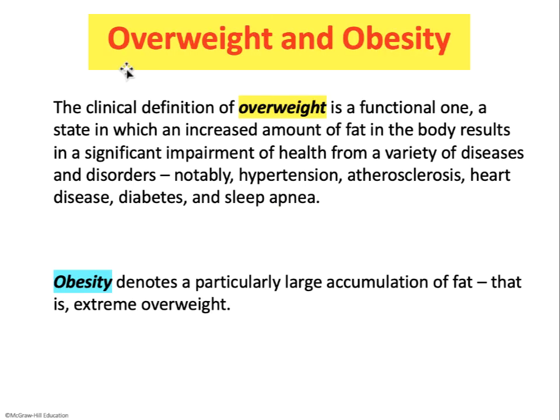Let's look at total body weight, and that can be broken into 2 categories. One is underweight, and the other is overweight. Overweight itself has 2 parts, being slightly overweight and being obese. And the cutoff is arbitrary, but most scientists agree that it relies on a BMI of about 30.